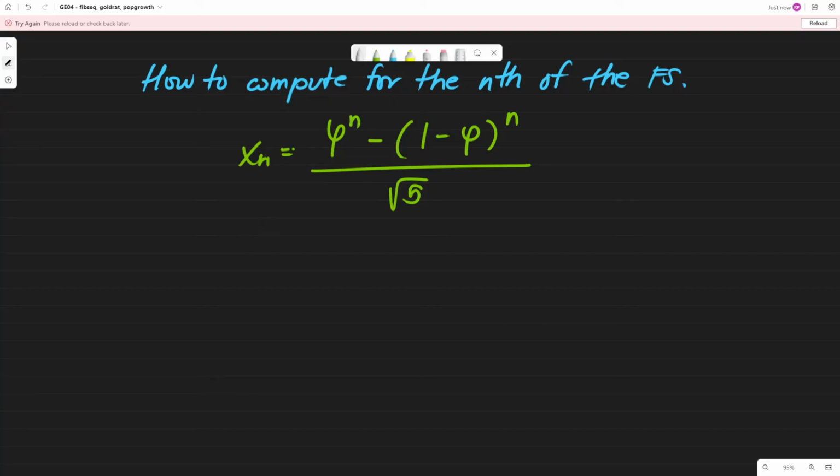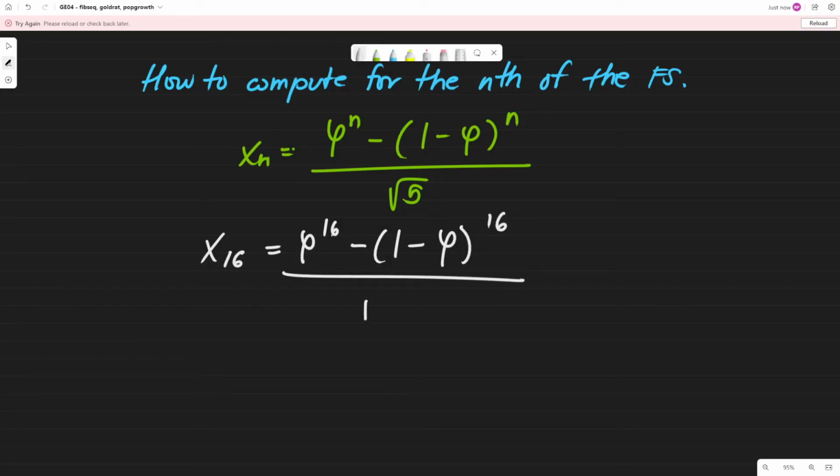So let's say for example, we're asked to find the 16th term, since 16 is my birthday. Ayan, yun lang yung reason. So let's compute. We have c raised to 16 minus 1 minus c raised to 16, over square root of 5. So paano natin ico-compute?